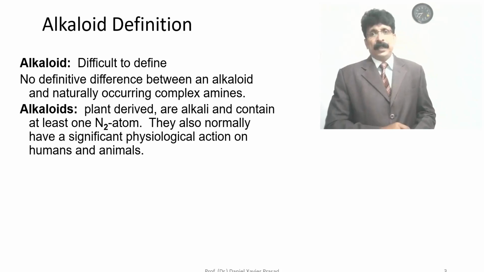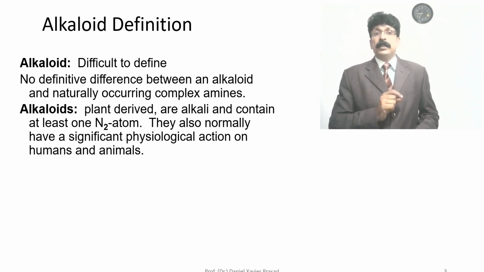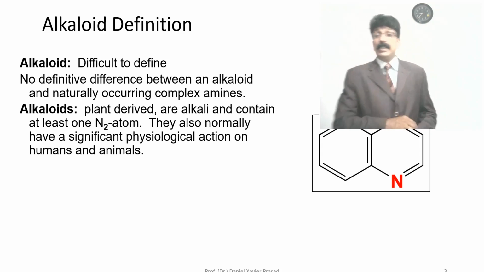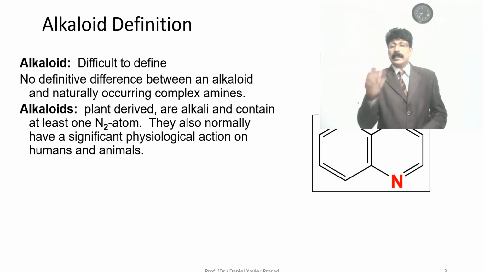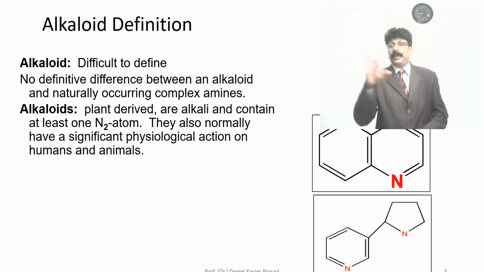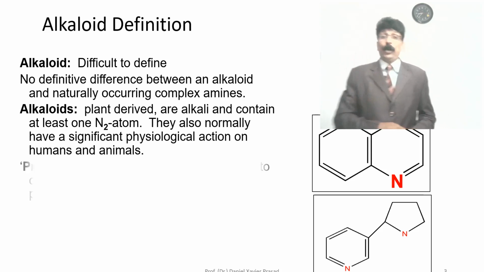They are secondary metabolites present in the plant source. So they have nitrogen. You can see this one, a pyridine structure with a benzene, a naphthalene, with nitrogen present inside the ring, or a 5-membered ring with nitrogen and a 6-membered ring with nitrogen, present mostly in the indole alkaloids which are joined together, but you can see this structure in nicotine also.